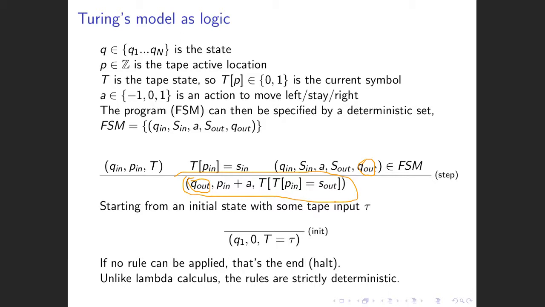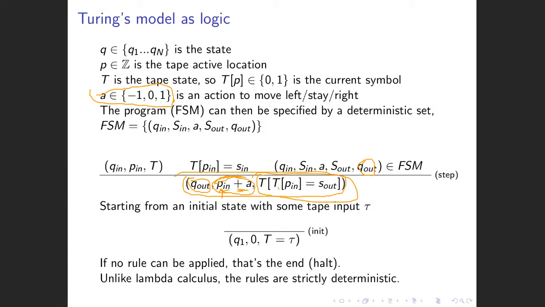Your position can either move left or right. So in general, you've taken your input position and you've added either 0 or 1 or -1 to it. That represents shifting the tape or the head left and right. And the other thing you've done, this notation means the tape has changed.